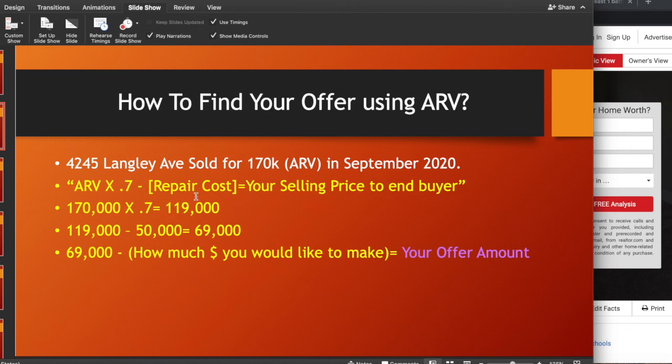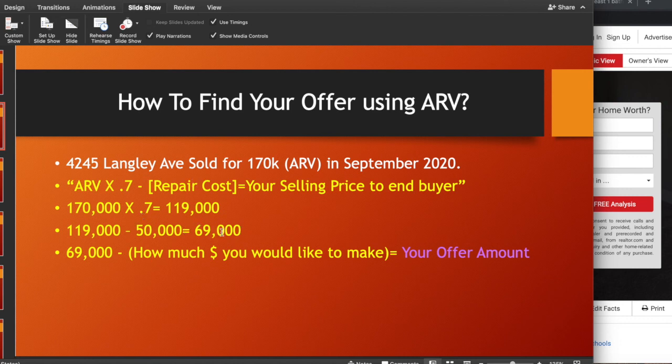Now we take this 119,000 and subtract, let's just say this property needed $50,000 in repairs, just for the sake of this example. Then $69,000 would be your selling price to your end buyer. But we have to find your offer to the seller.